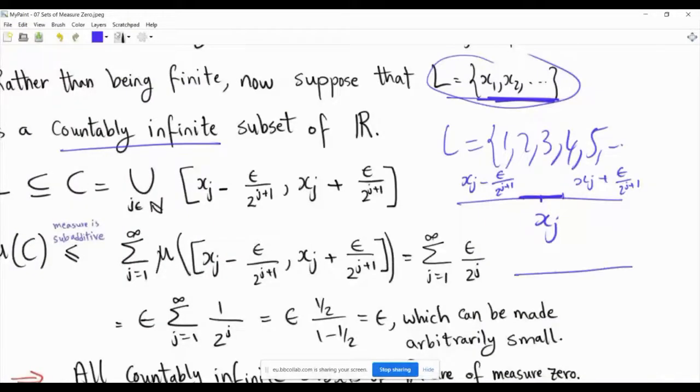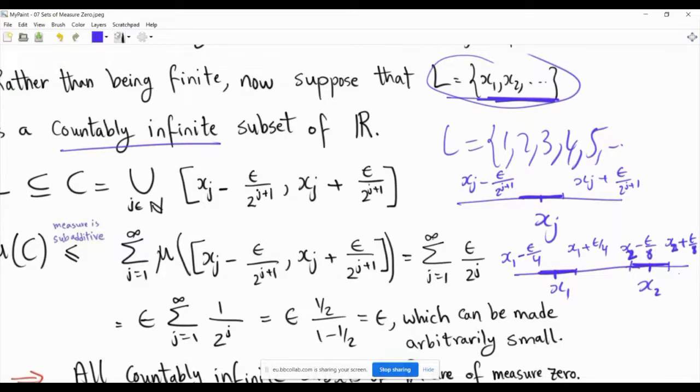So for the first number x1, you cover it by an interval from x1 minus epsilon over 4 to x1 plus epsilon over 4. Then somewhere here there is x2, and you cover x2 by an interval from x2 minus epsilon over 8 to x2 plus epsilon over 8.